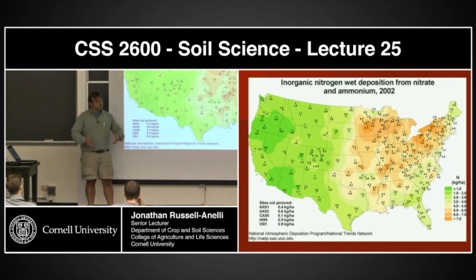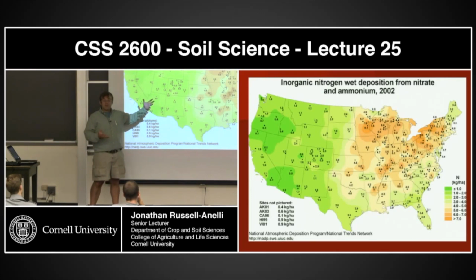Okay? But that nitrogen goes up into the atmosphere, and it mixes with water, and it basically makes nitric acid. Okay? That water comes down as rain, and we acidify these environments. But it's a nitric acid, which means it's nitrogen coming down. So at the same time as we're acidifying these environments, we're basically fertilizing them. And this is a map of that fertility.